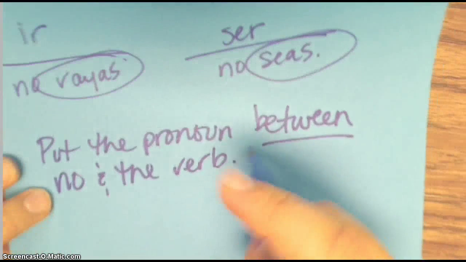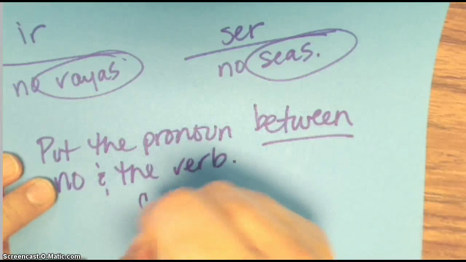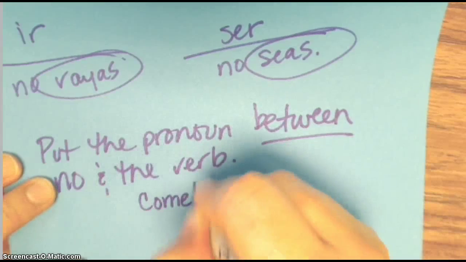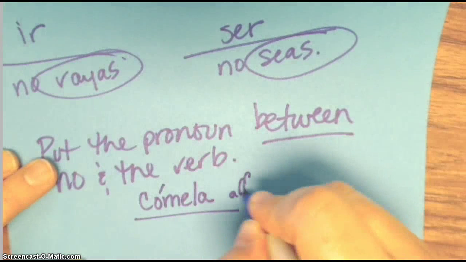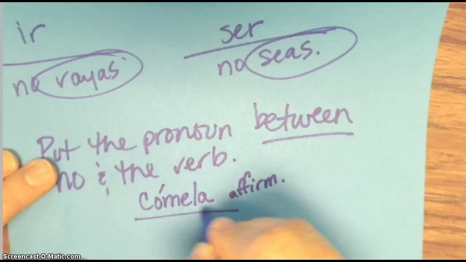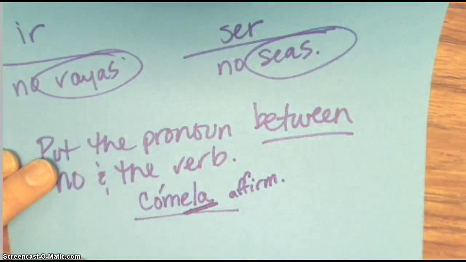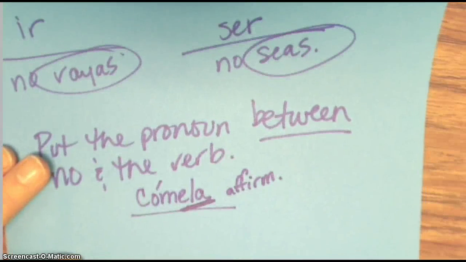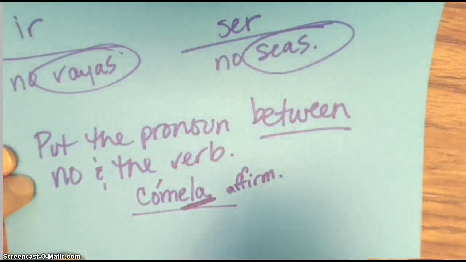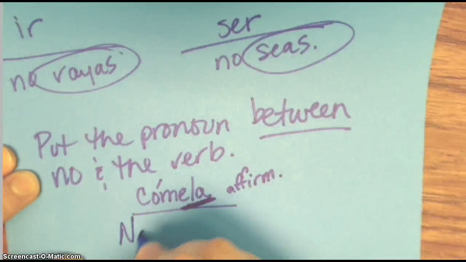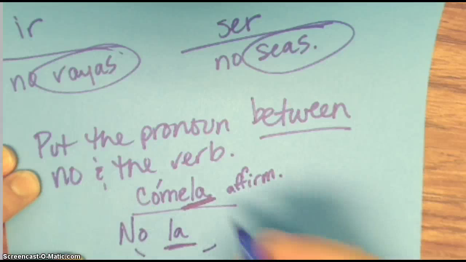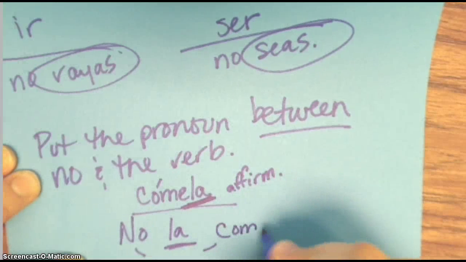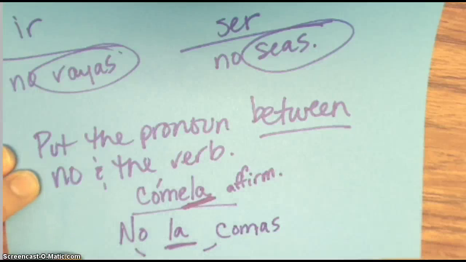So if I wanted to say eat it, that would be cómela, right? That's an affirmative command. So I'm attaching the la, which happens to be my direct object pronoun here, onto the end of it. Now, if I were saying don't eat it, instead it would be no la. La is between no and the verb. And then it would be comas in the tú negative command.